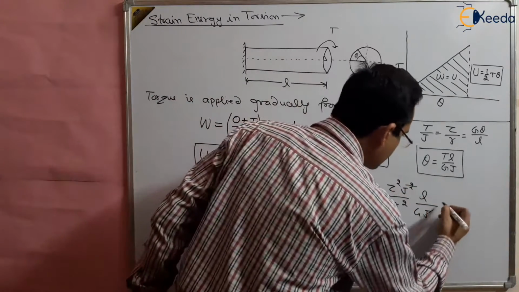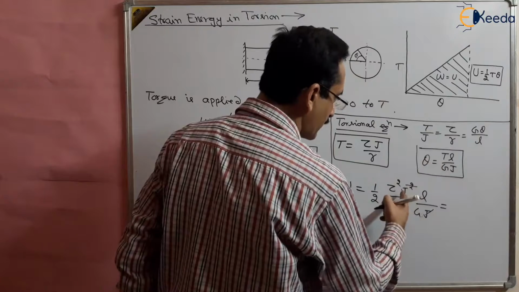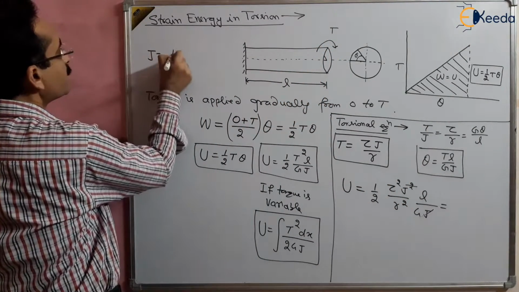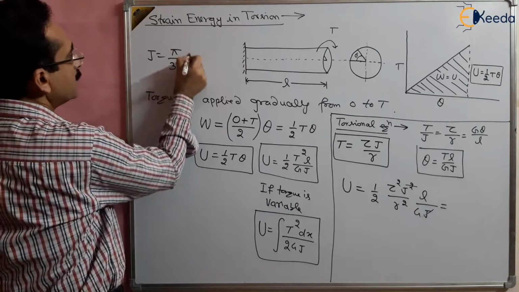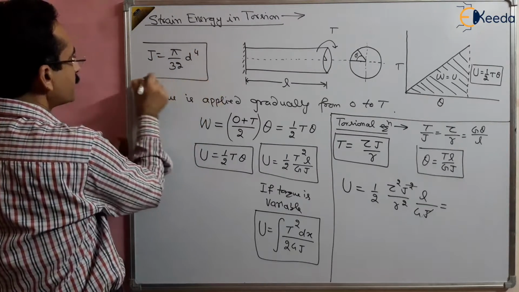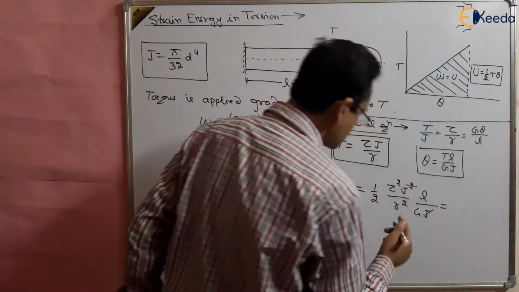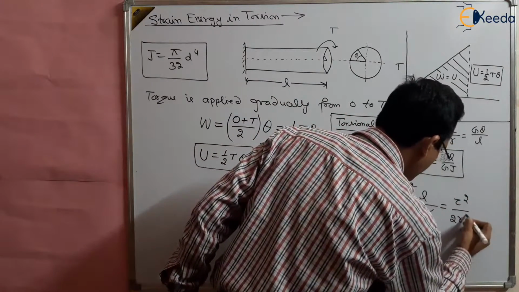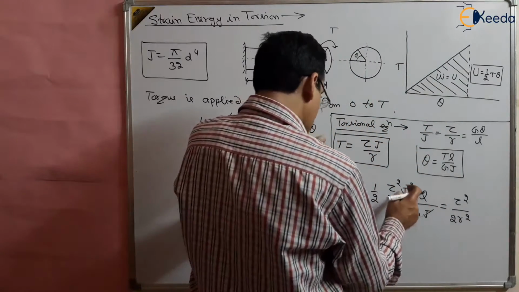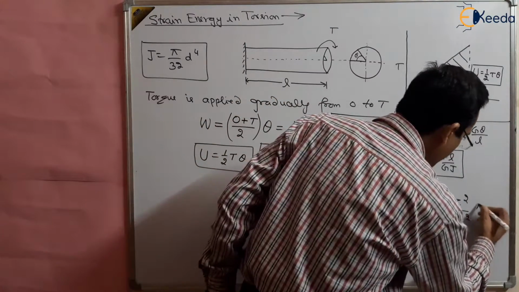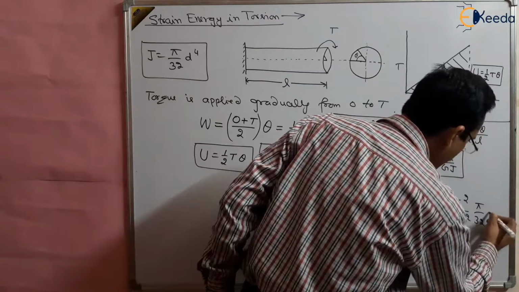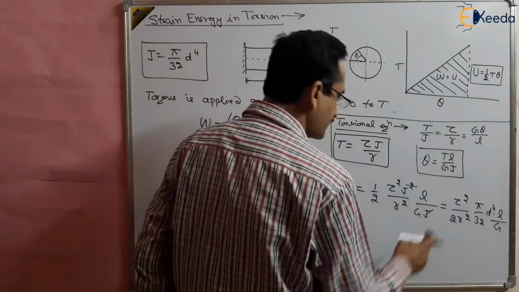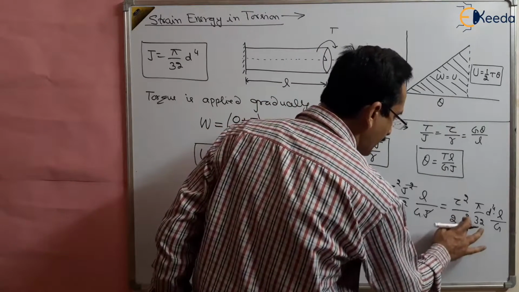What is J? We know that J is pi by 32 d to the power 4, the polar moment of inertia. This should be remembered. So this is tau square upon 2 R square, J is pi by 32 d to the power 4, L upon G, and this R can also be replaced with d by 2.